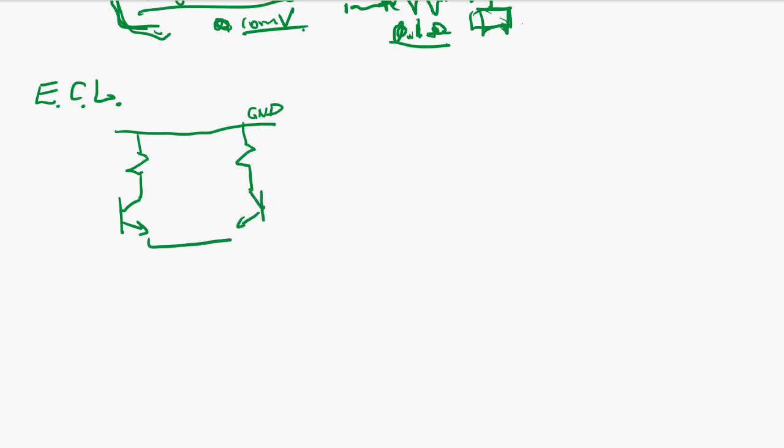These two transistors' emitters are coupled, and you have a constant current flowing to negative 5 volts. And actually this doesn't have to be this way. It can be plus 5 volts, and this can be ground for a circuit like a BiMOS.